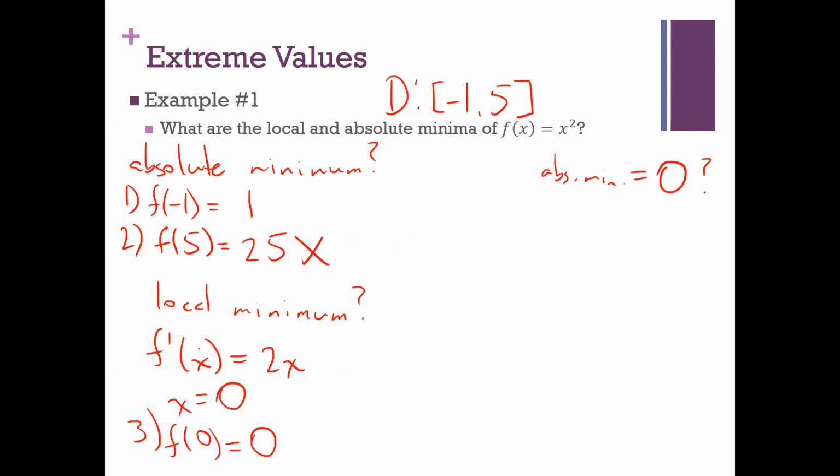So which one of those is the absolute minimum? 0. So indeed. How many options do we have for local minimum? So we found 3 candidates for the absolute minimum, but really the only local minimum that could exist is f of 0 equals 0.